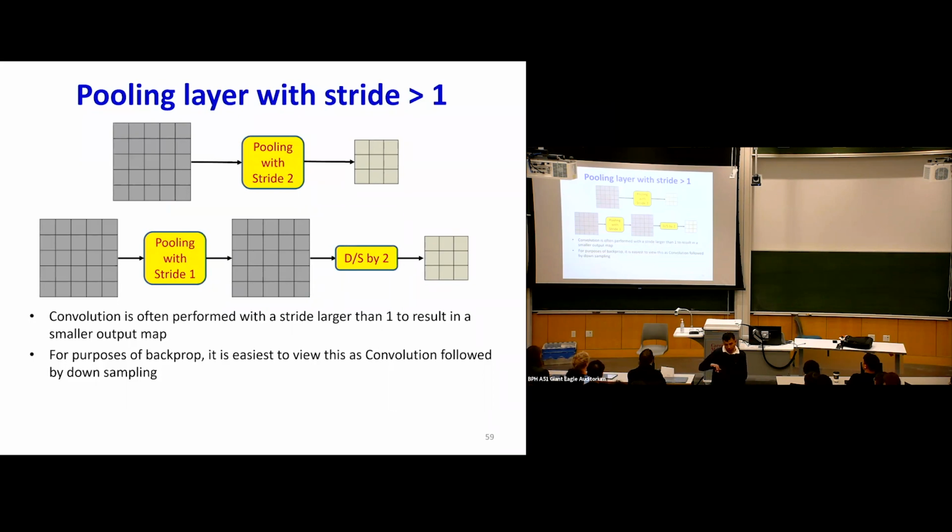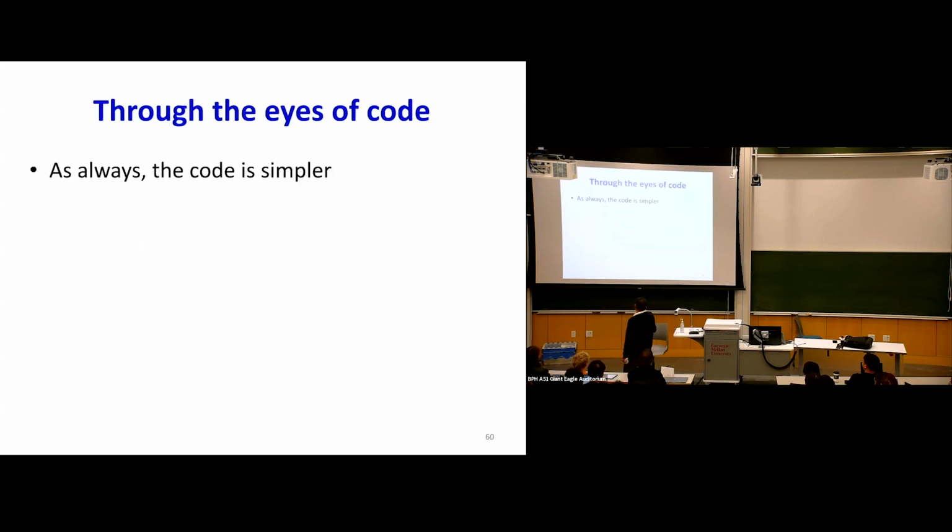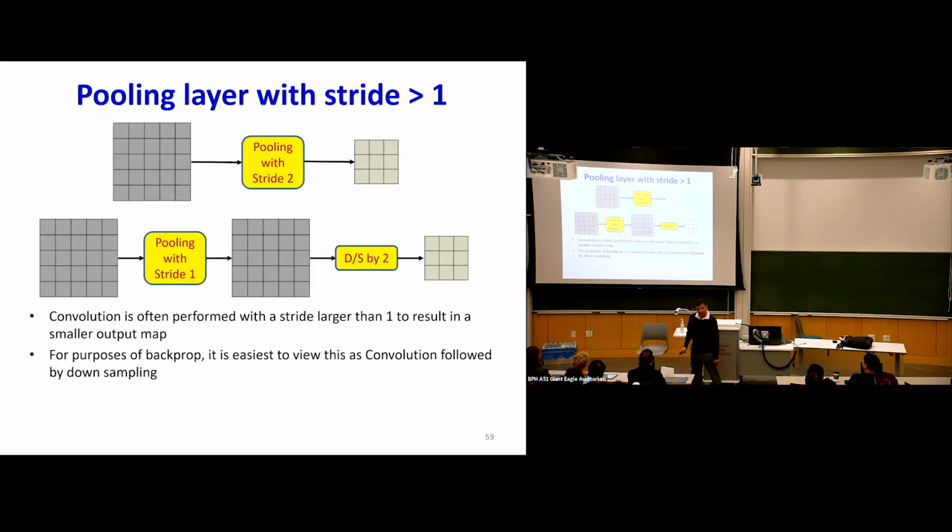Whenever you're performing an operation with a stride, it's sensible to decompose it into a chain of two operations, the basic operation itself and then a downsampling. Then you perform your back propagation through the downsampling, and then through the pooling. So this is all very simple.